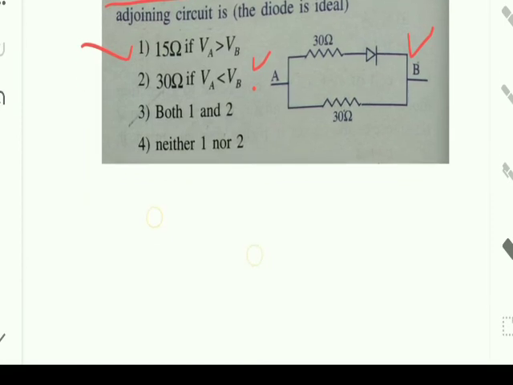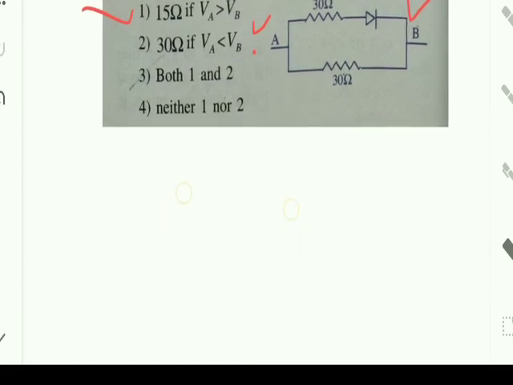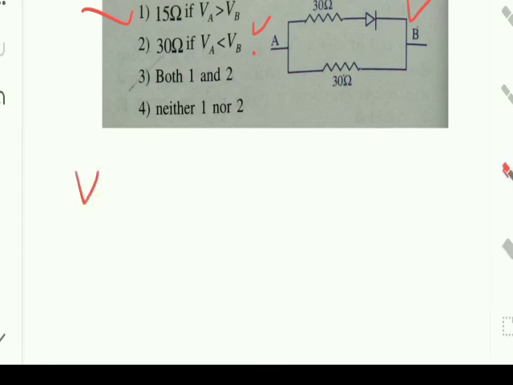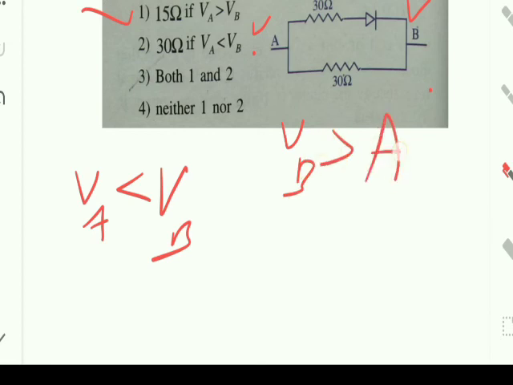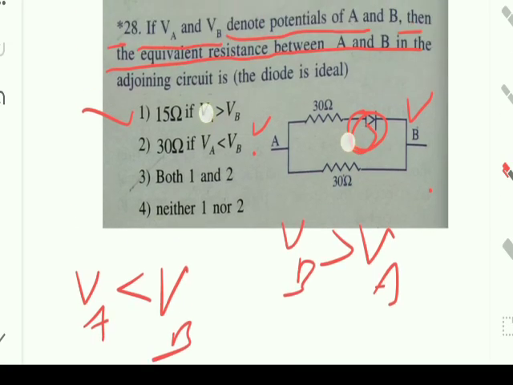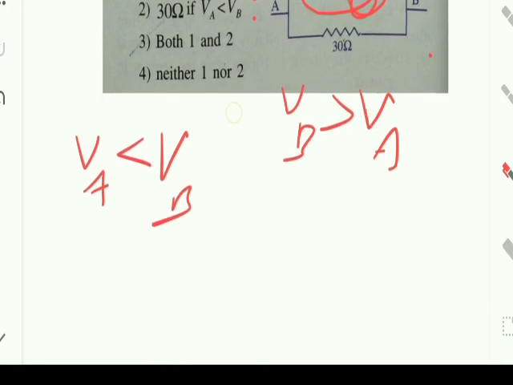Second one: 30 ohms if VA is less than VB. If VB is greater than VA, this diode is reverse biased. It is an open circuit, and it does not require calculation.